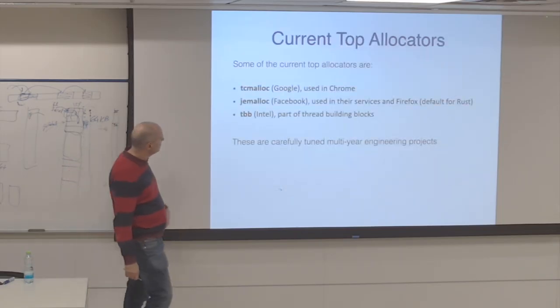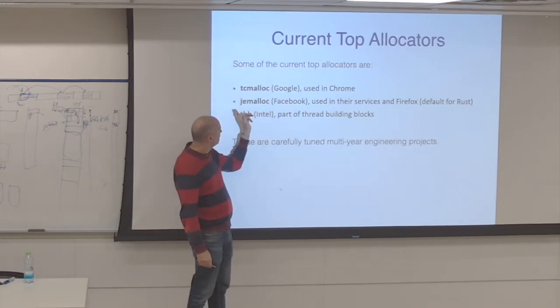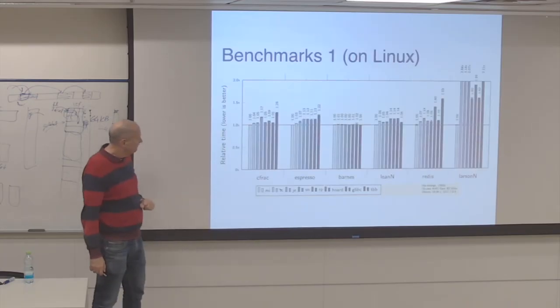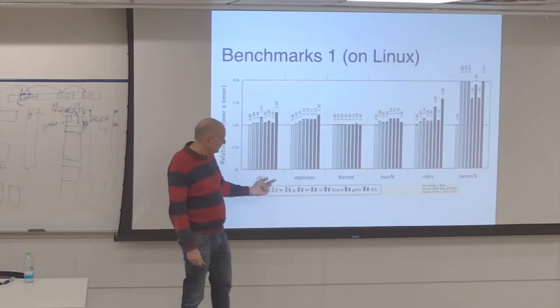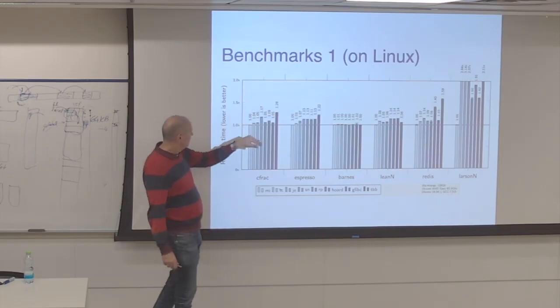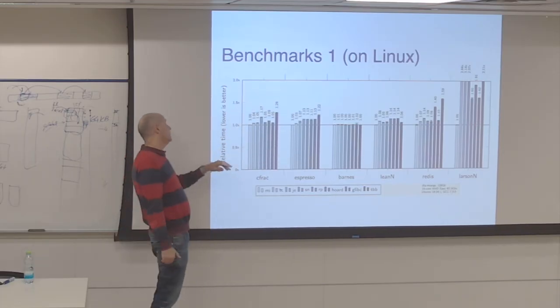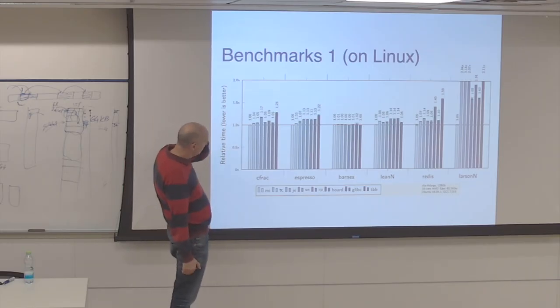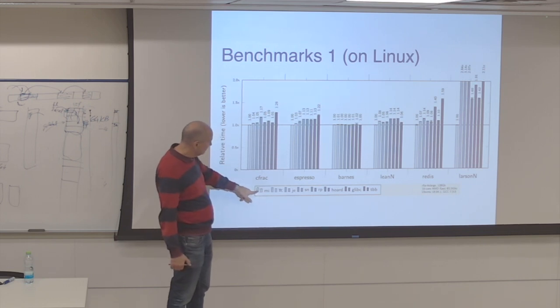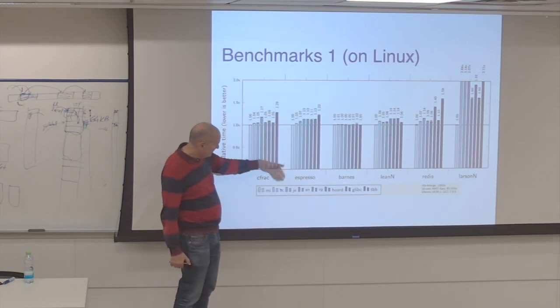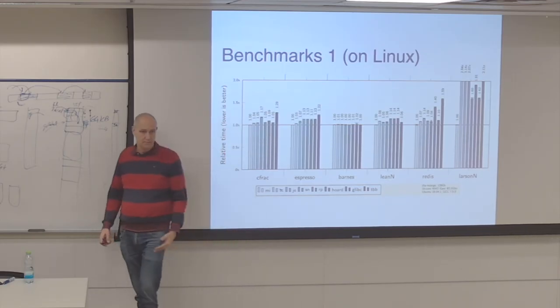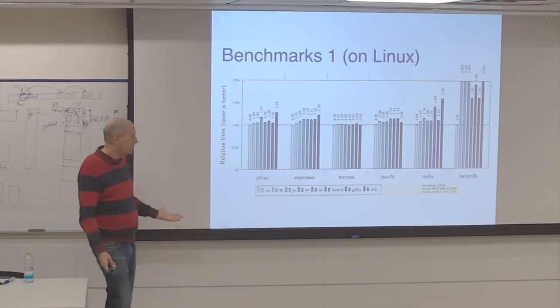So he compares to tcmalloc by Google, jemalloc by Facebook, and TBB by Intel. And this is the comparison on various benchmarks. You see that this is relative time, lower is better. So mimalloc is the first one, and you have the others, and you can see that mimalloc behaves better everywhere, basically.